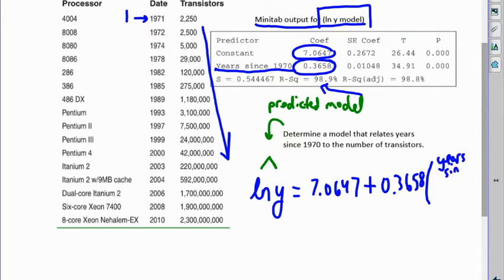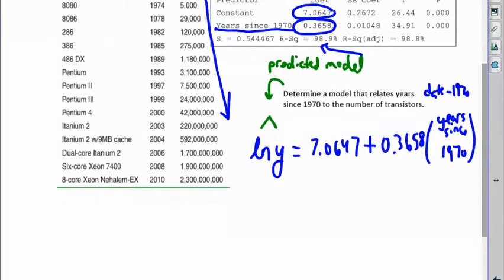And then in here, I'm going to put years since 1970. Or maybe instead you could put date minus 1970 in there. Or actually, since I used a y, I could have that just be an x instead, so I'm going to do that. Make this an x. But what is x?